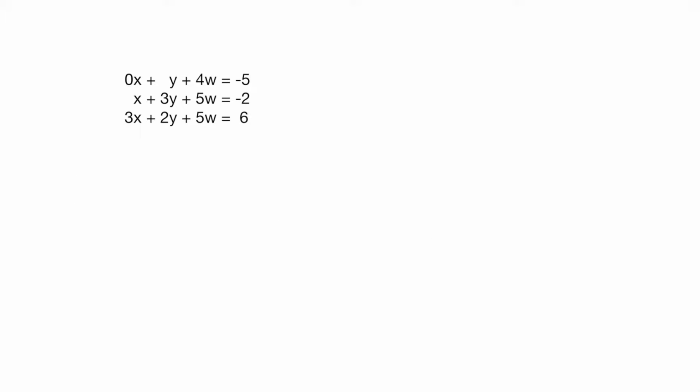For our next problem, we've also been given the variables x, y, and w. And so we can write our matrix with the first column as our x values, our second column as the y values, our third column as the w values, and then our last column of the values after the equal sign.